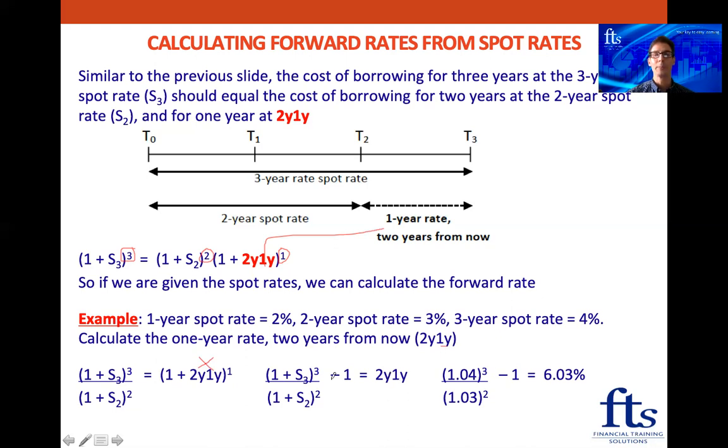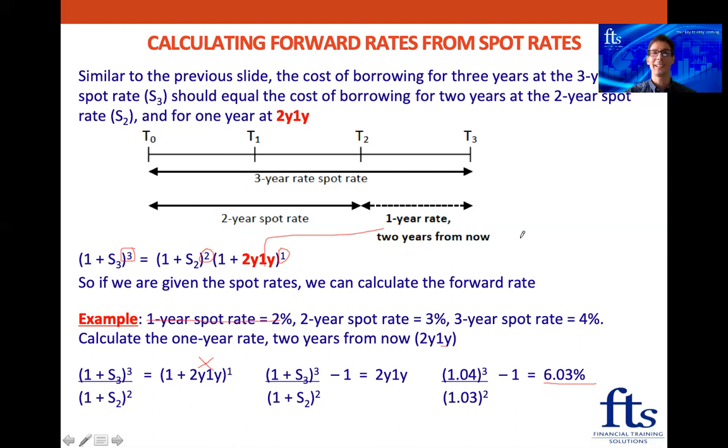We need the 3-year spot rate in the numerator to the power of 3, and the 2-year spot rate in the denominator to the power of 2. And the 1-year spot rate we didn't need. They gave it to us to try and confuse us, to hope we would plug it in somewhere, but we're not going to fall for that. And there we can work out that is going to be the 1-year rate 2 years from now.